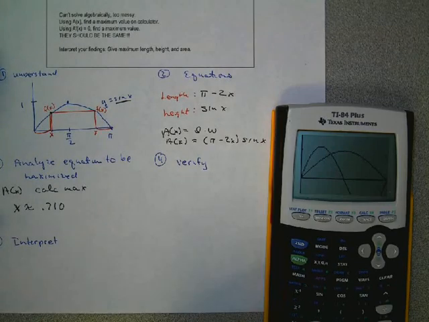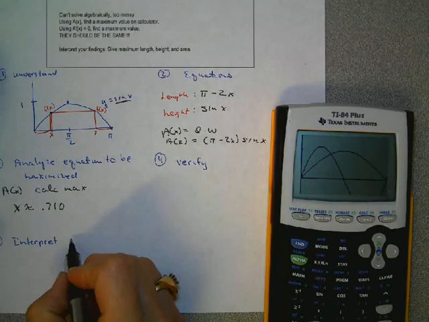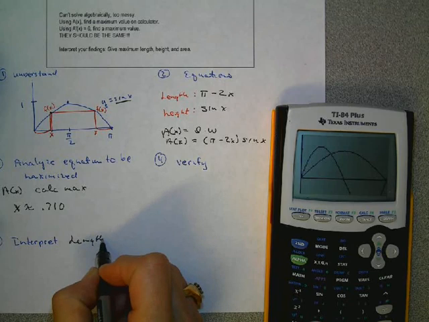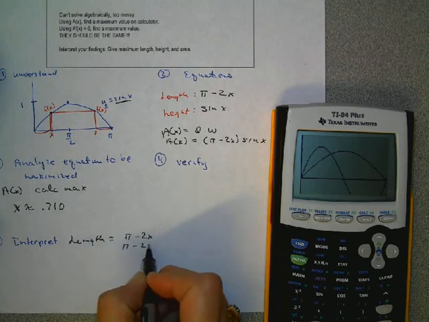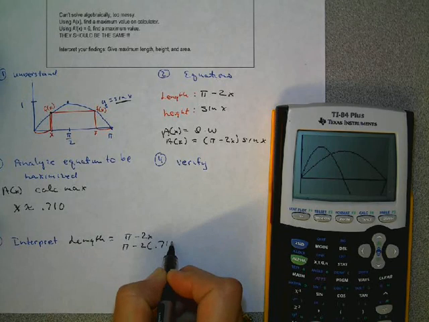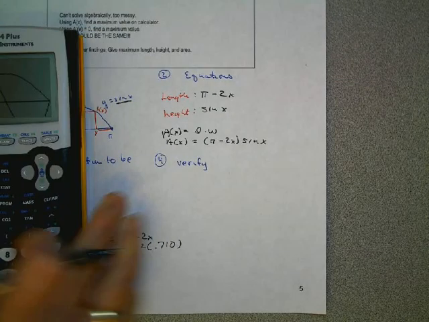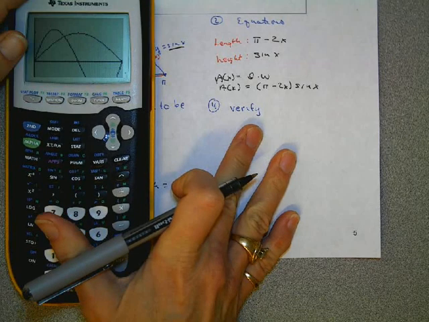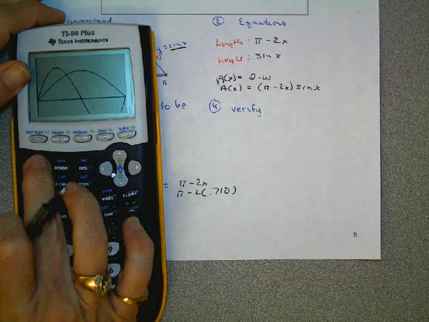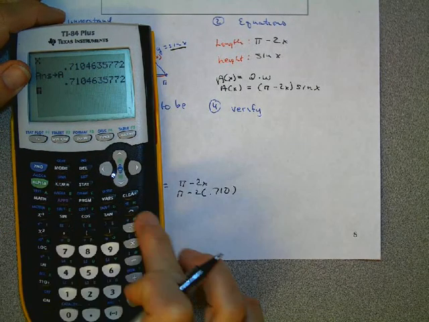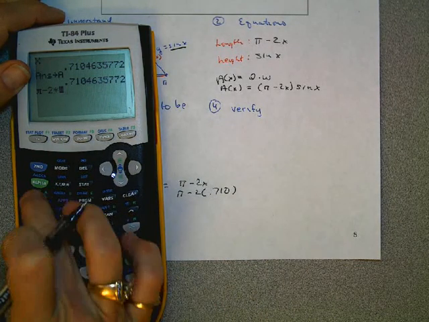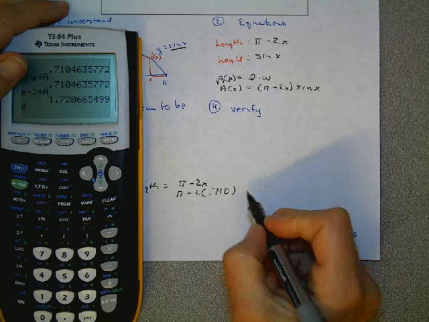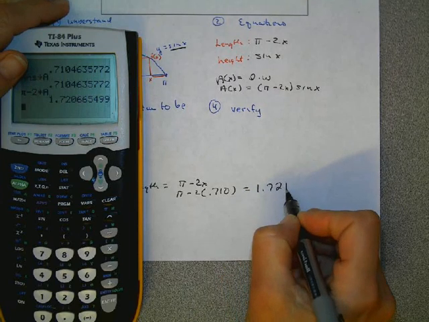When I interpret that, that means the length of the rectangle is pi minus 2x. So I'll do pi minus 2 times 0.710, and I stored that, so I'll just say pi minus 2 times a, and my length is 1.721.